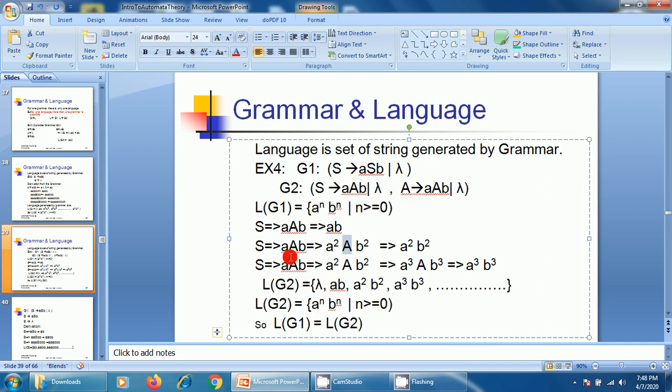Now in place of capital A, if we put again AAB, then it is A 3 time, capital A, B 3 time. And now again put lambda in place of capital A, then it is A 3 time, B 3 time. Means this grammar G2 also generates lambda, AB, AABB, 3 time A 3 time B. Means the language of G2 is also a to the power n b to the power n such that n is greater than or equal to 0. Means the language of grammar G1 is equal to the language of grammar G2.